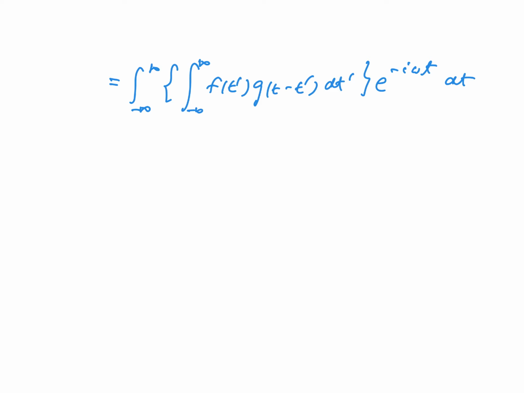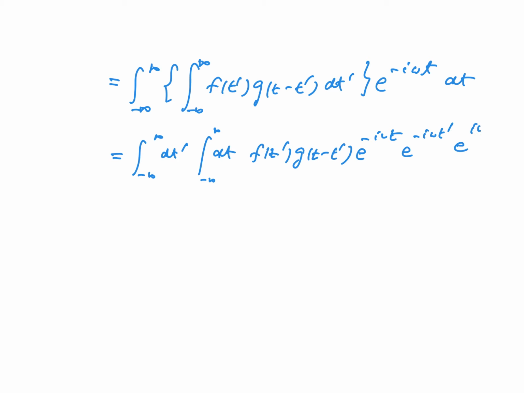Let me stop for a brief moment. So we can write the integral over dt' dt, with f(t') g(t - t') exponential minus i omega t, and we can insert minus omega t' and exponential i omega t'.